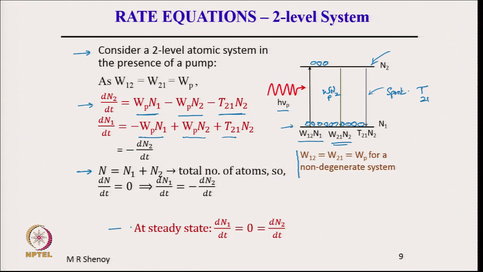Now, at steady state, in the presence of pump, dN1 by dt equals 0. This can be imagined very easily like this: let us say you have a bucket with a hole here, and there is another bucket.